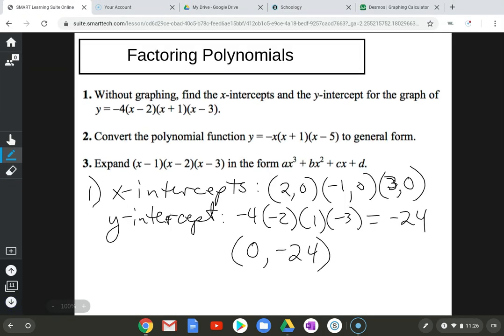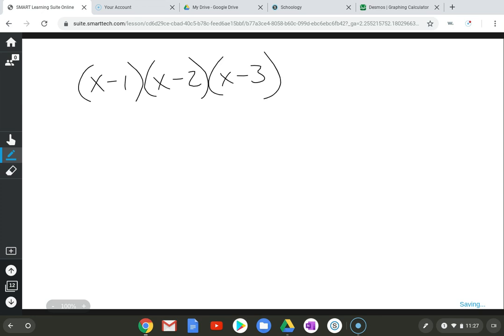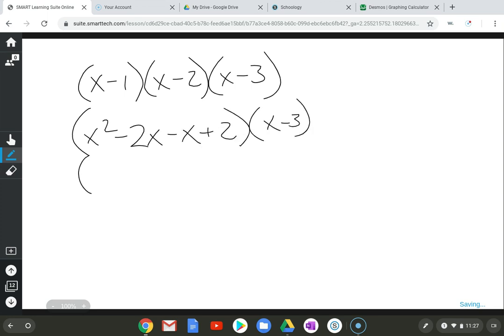All right, and then finally, if we expand x minus 1 times x minus 2 times x minus 3. If we multiply the first two together first, x squared minus 2x minus x plus 2. I always like to combine like terms first, just to make my life a little easier. X squared minus 3x plus 2.